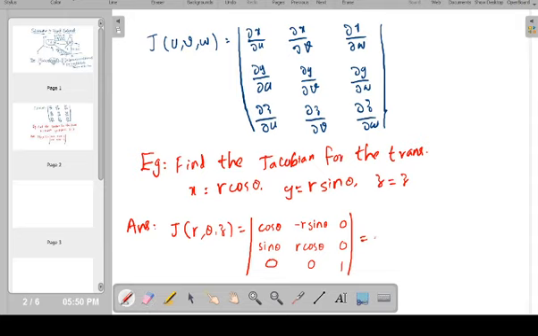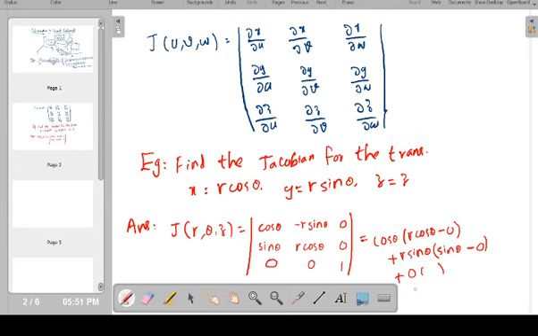So this is equal to cos theta into r cos theta minus 0, plus r sin theta into cos theta minus sin theta minus 0, plus 0 into something.